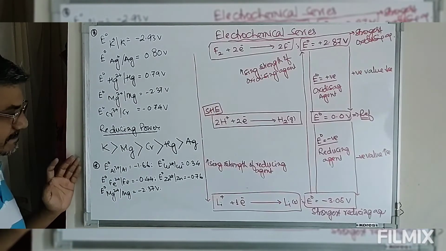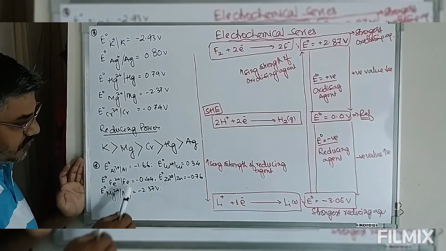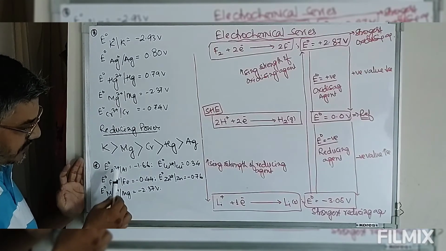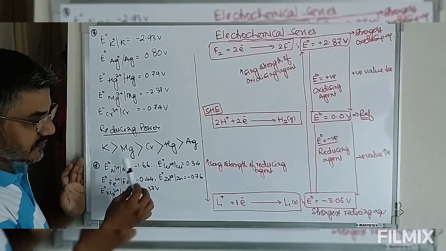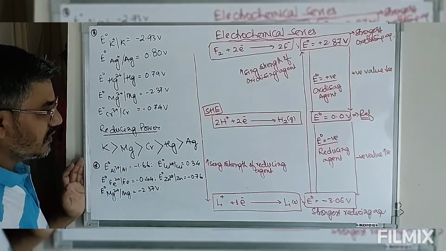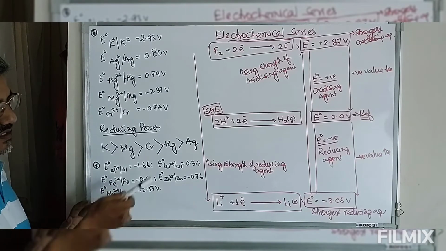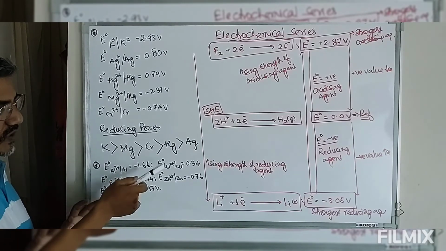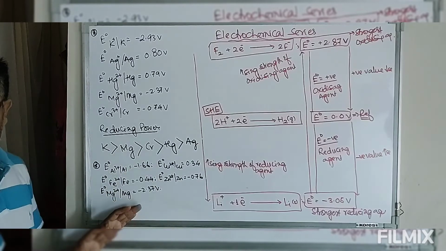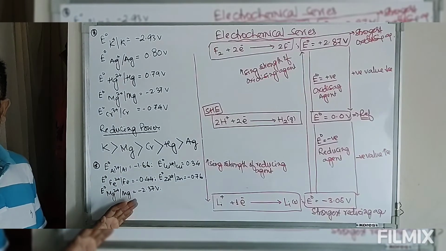Now if you look at this, the reduction potentials are negative for aluminum, iron, magnesium, zinc, whereas this is positive for copper. So the one having negative value of reduction potential is a reducing agent, whereas the one having positive value is known as an oxidizing agent.